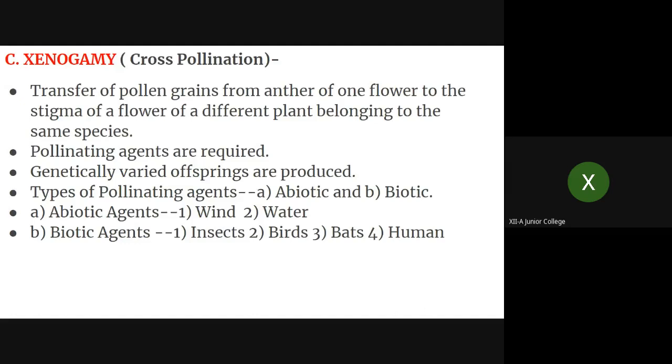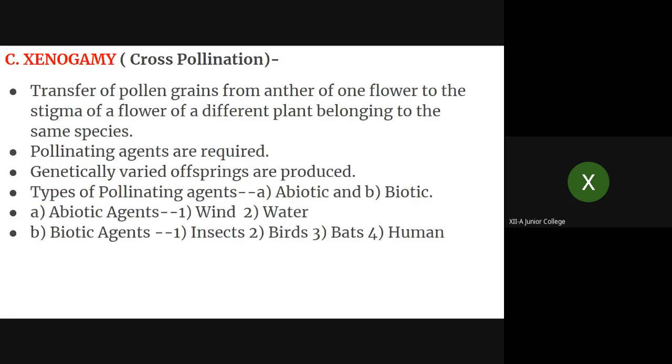So that is called cross pollination. If it is the same flower, it is autogamy. If it is a neighboring flower of the same plant, that is geitonogamy. But when the plant is different, flower is different, then that is xenogamy, cross pollination.